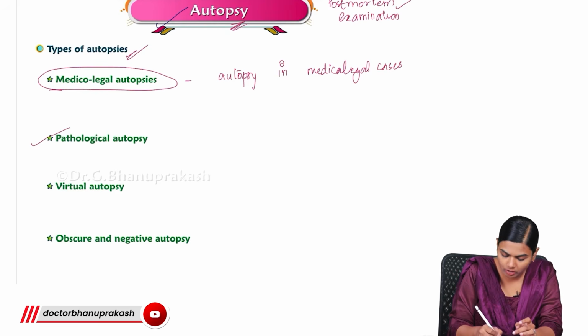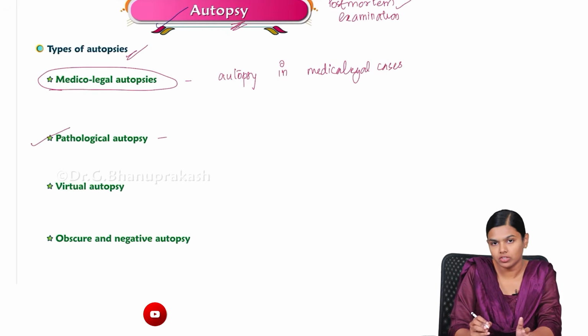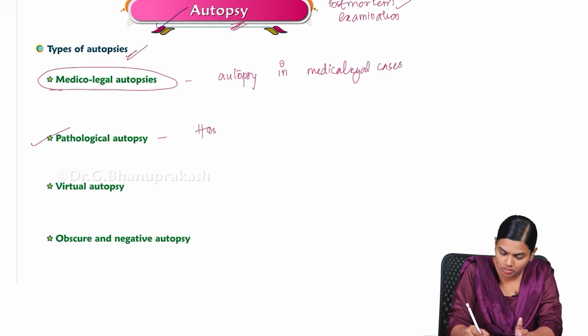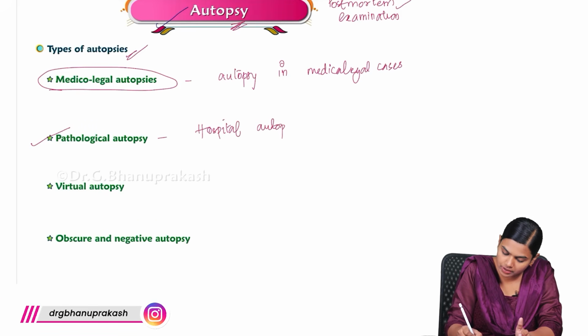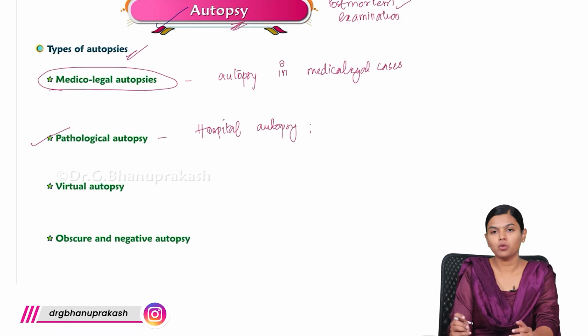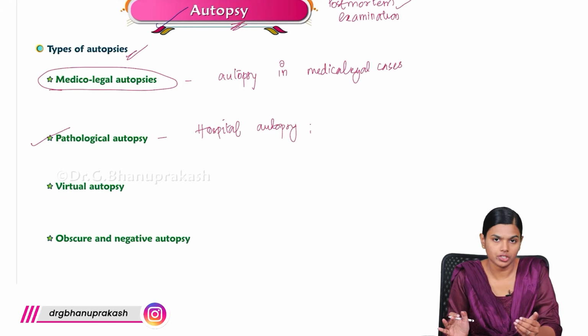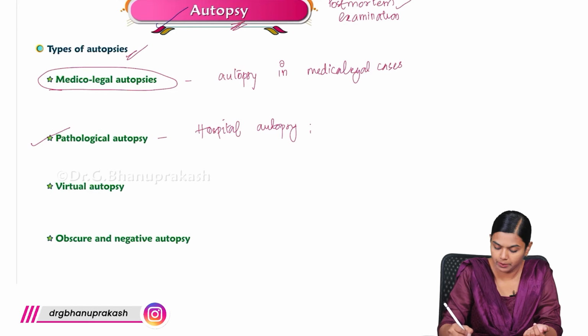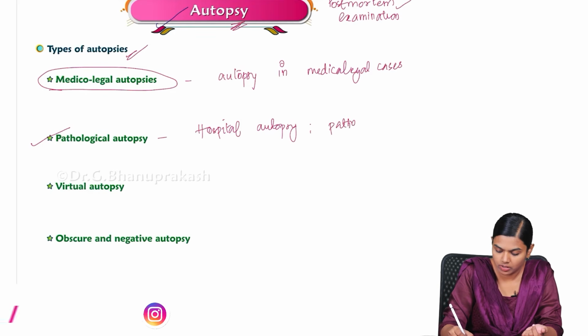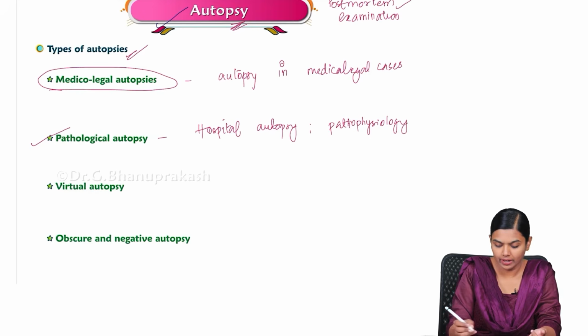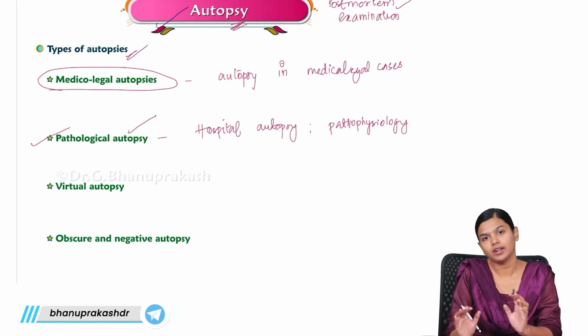Then comes the pathological autopsy. This pathological autopsy is also known as hospital autopsy. Here, if you want to know about a disease progression, about a pathology, the pathophysiology of a disease, you can conduct autopsy.